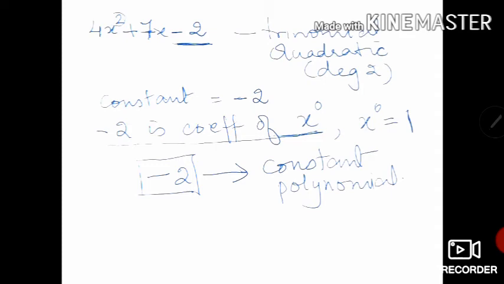So all constant numbers like root 5, 5 upon 6 are called constant polynomials. What about the degree of a constant polynomial?